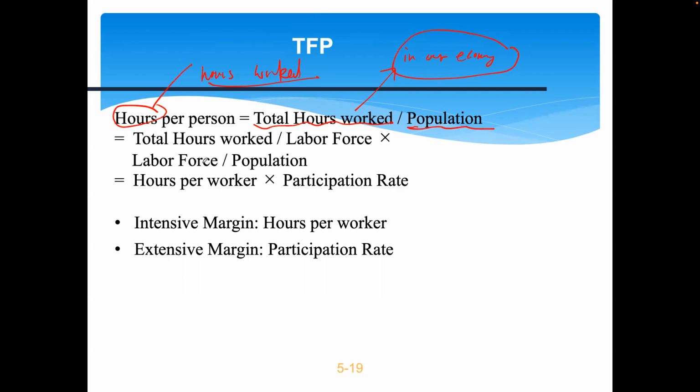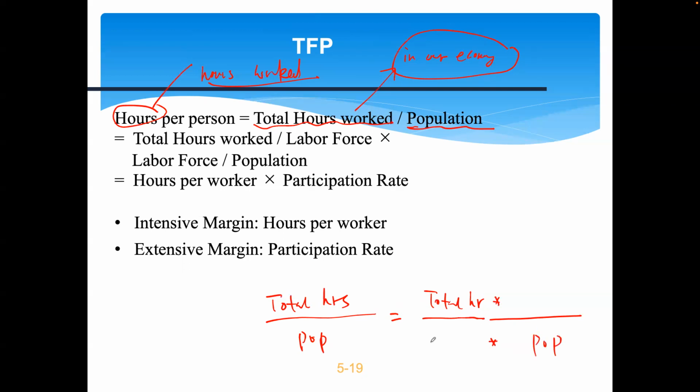Now, furthermore, what we can do is, if I write it here, this is total hours over population, equal to total hours. So you should multiply. We're going to modify labor force.